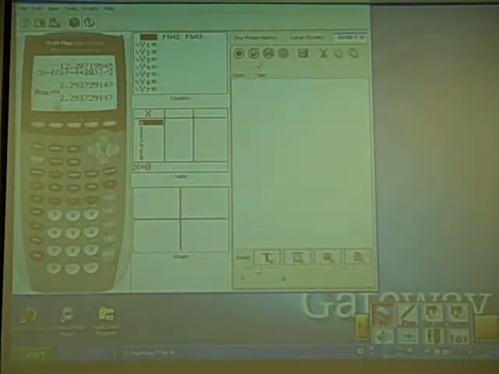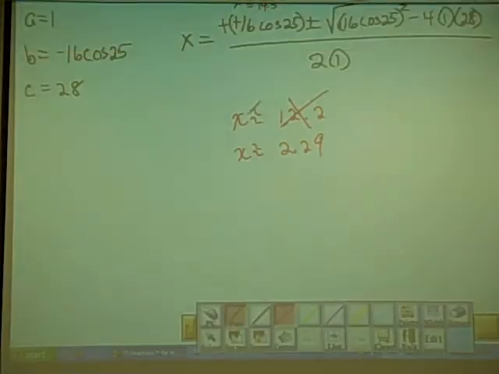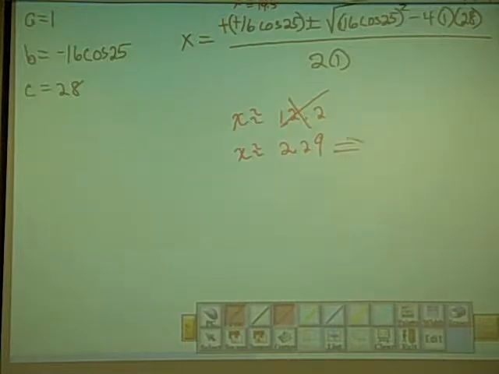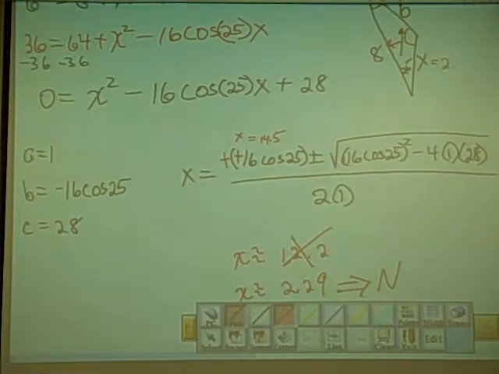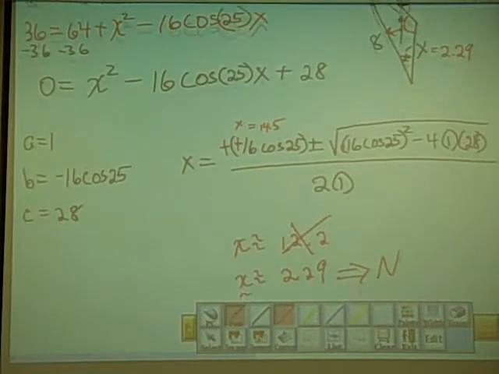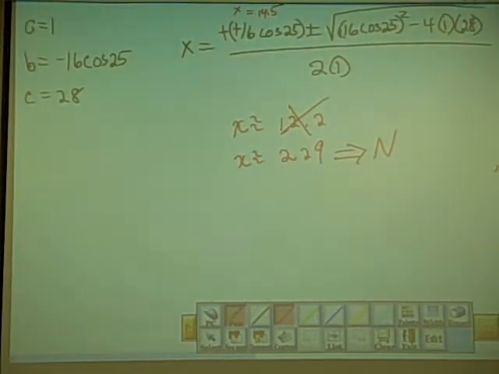Okay, and now when you hit enter, you should get that number again, which we do. Now we can go back to our sheet, and we're going to say, alright, this is in n. We're going to make a note of that. Okay, so we know that this side is 2.29, but having it stored in n, we get the exact number.